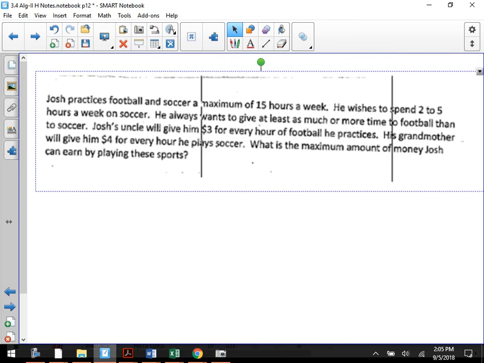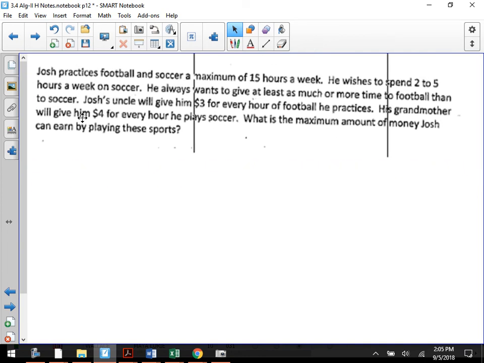So as you read this, what's the objective? Max amount of money. In the problem, it talks about him making money from two sports, football and soccer. Which one comes first in the alphabet? Football. This is American football.